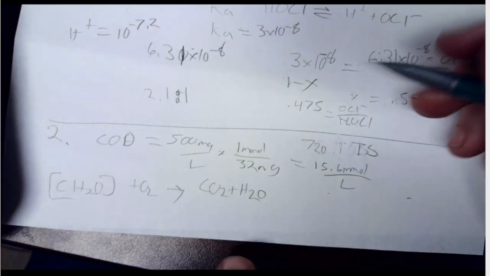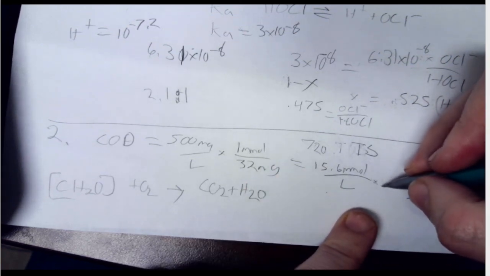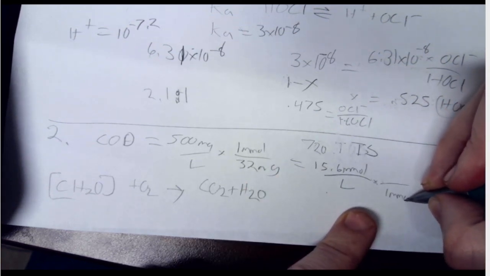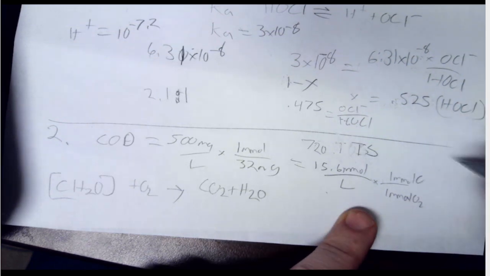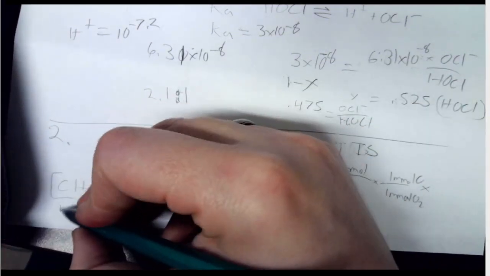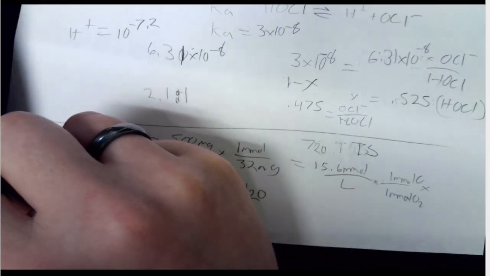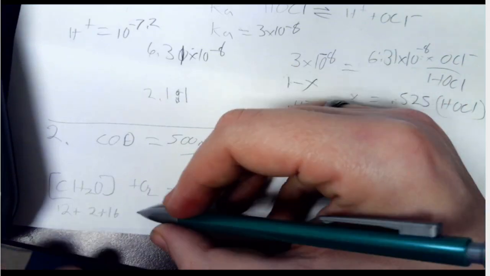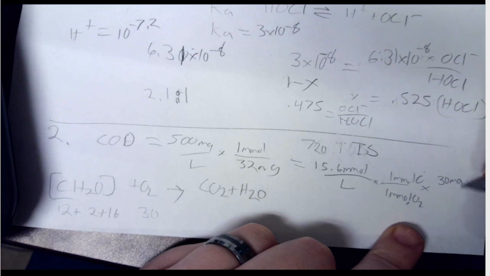For every 1 millimole of oxygen, it's going to react with 1 millimole of carbon. And 1 millimole of this structure weighs 12 plus 2 plus 16, which is 30 milligrams per millimole.